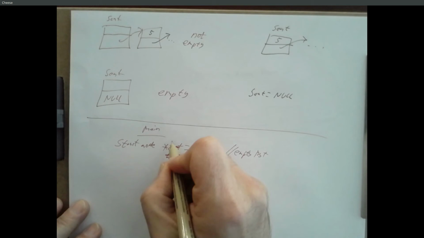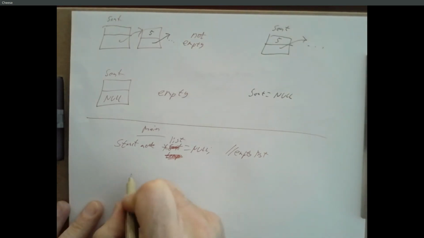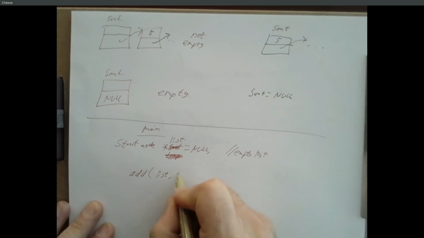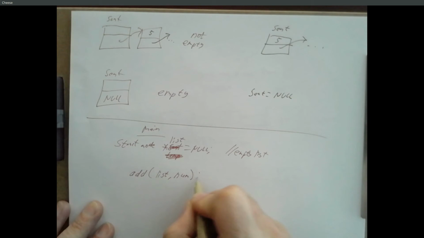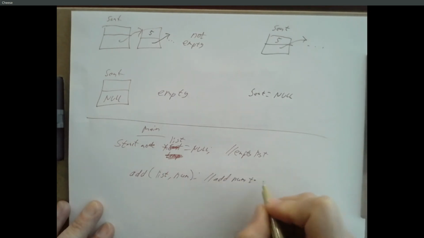Or let me call it list. Okay, so struct node star list equals null. That's an empty list. We want to add some number to that list. What do we do? We say add. We pass it our list, and we pass it a number. And this says add num to the list.